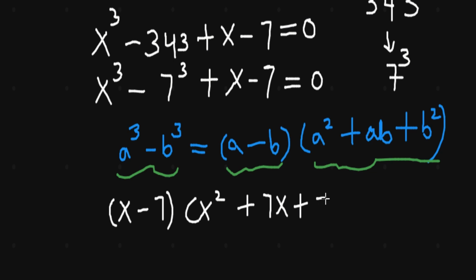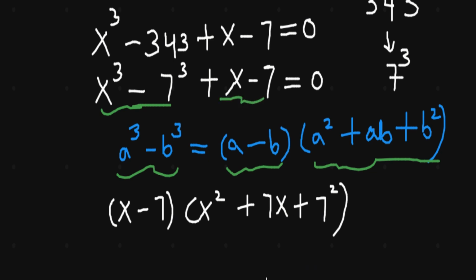So we wrote x cube minus 7 cube as x minus 7 into x square plus 7x plus 7 square here.